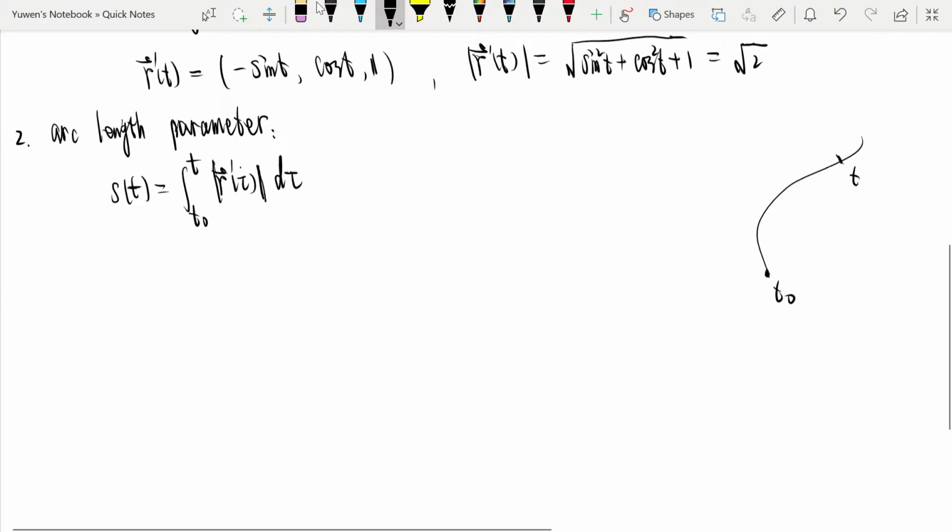Then s is a function of t, because t is changing from time to time. The arc length is increasing in t, so there is an inverse function. We can view t as a function of s, and we call s(t) the arc length parameter.